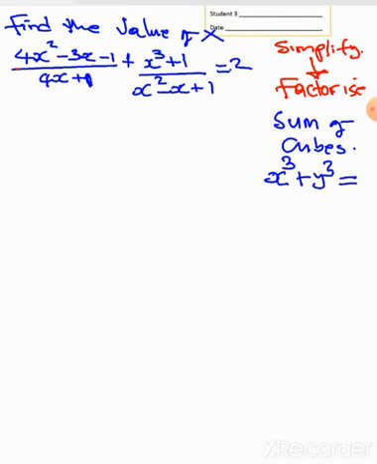So this says, given this, your factors are always x plus 1 times x squared minus xy plus 1. That will always be your answer given sum of cubes.